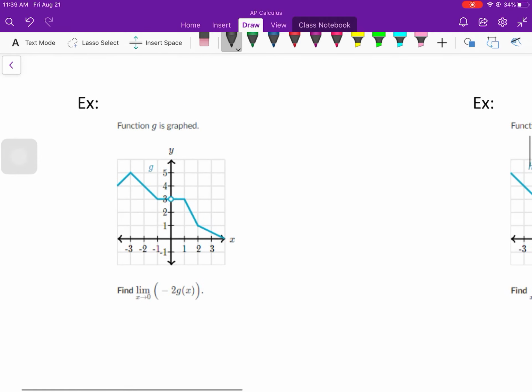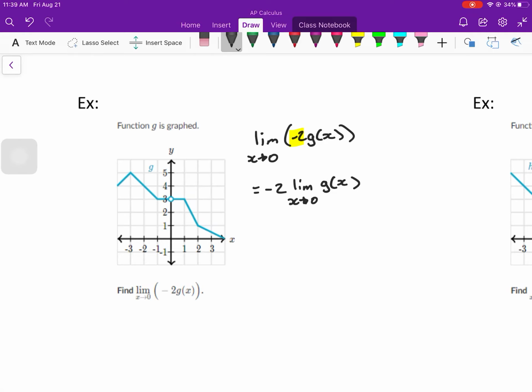Let's go ahead and take a look at another example. This one is just showing you the constant multiple rule, because we're asking the limit as x approaches 0 of negative 2 times g of x. The idea is you could just take that negative 2, bring it out to the front, and find the limit as x approaches 0 of g of x.